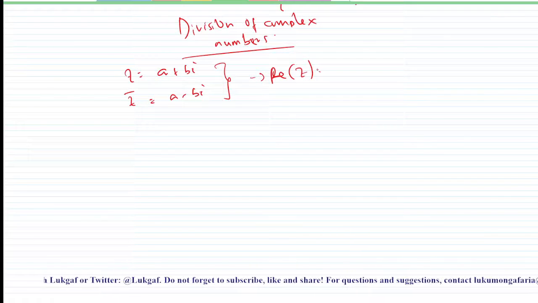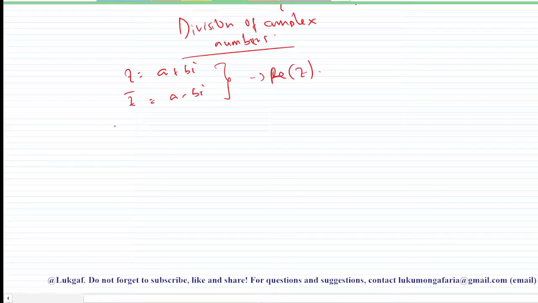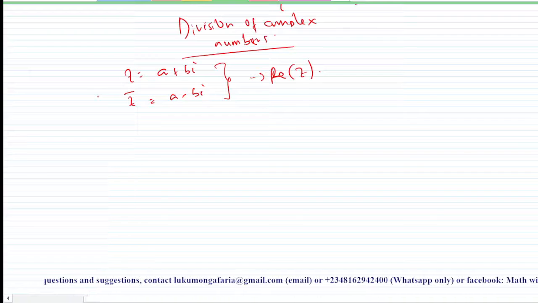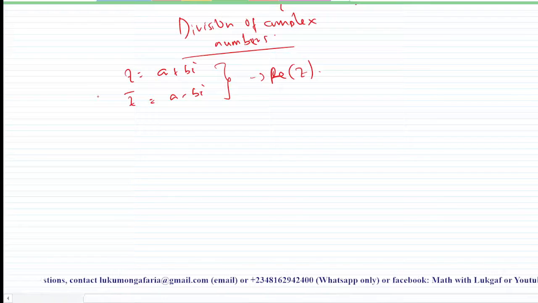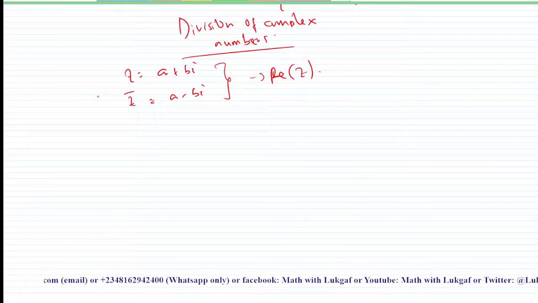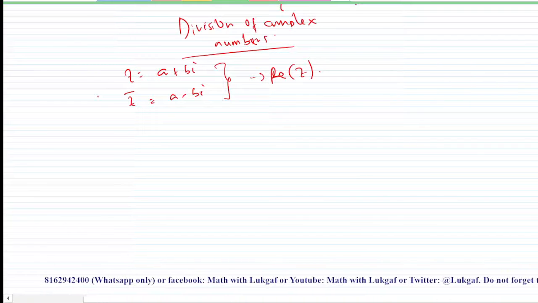It is very simple. I'm going to divide it into two parts: how you can divide a complex number by a real number alone, and how you can divide a complex number by another complex number.